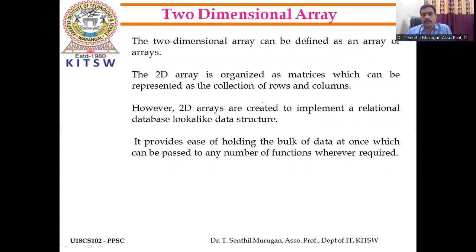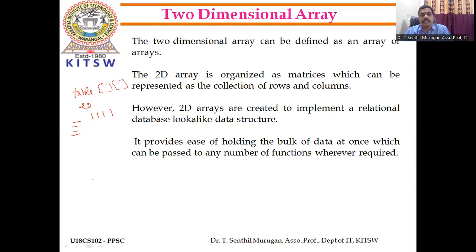It is organized as a matrix, represented as a collection of rows and columns. It is like a table format of data that we can represent using a two-dimensional array. Each row will be represented in the first array, and each column will be represented in the second array.